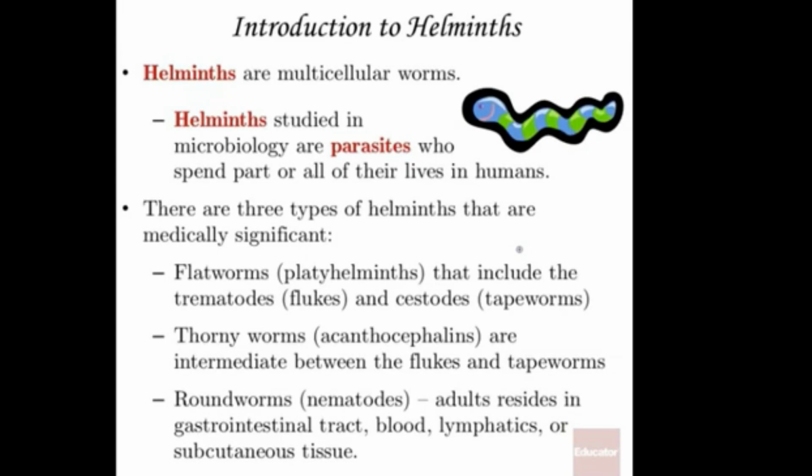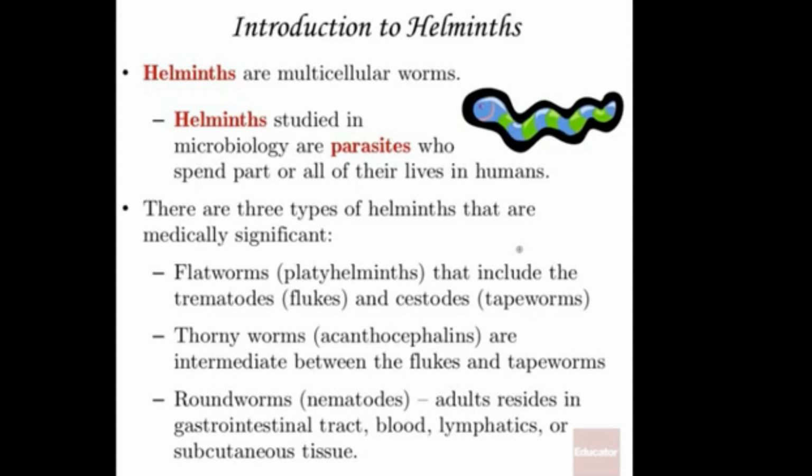So there are three kinds of helminths that are medically significant. One type are the flatworms, and they can be the trematodes, these flukes, or the tapeworms, and we're going to have a more detailed discussion about the tapeworms. The thorny worms are intermediate, and then the roundworms are exactly how they sound.